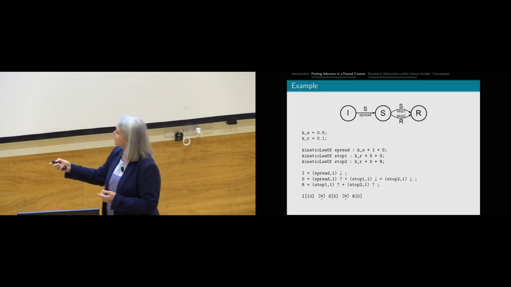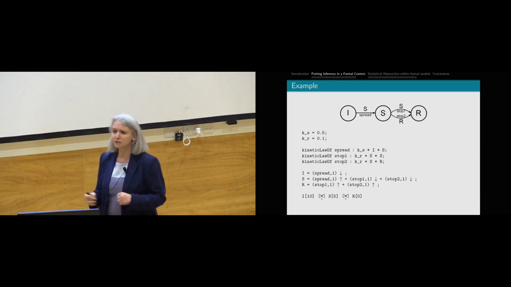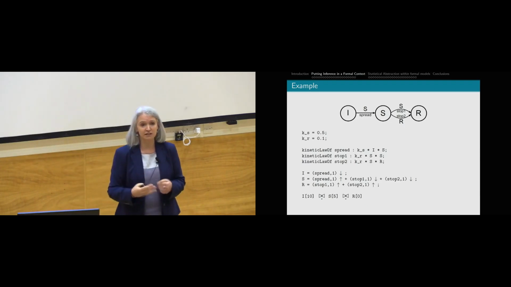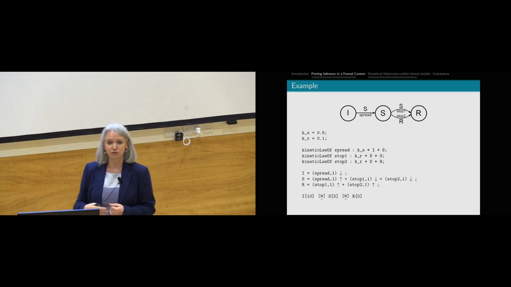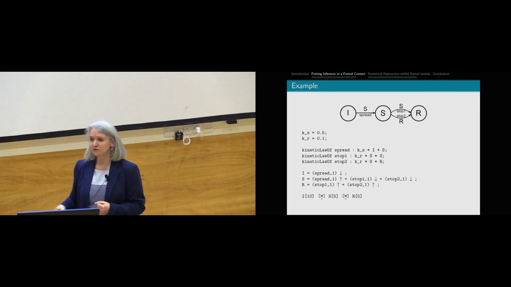And then this is my description of the soup, if you like. In this case, I'm saying there are 10 innocents, 5 spreaders, no repressors to begin with, and the star just says, whenever there's a common name, you have to share it and do it together. And we can run a simulation, and we would see the number of innocents decrease over time, and the number of spreaders, depending.